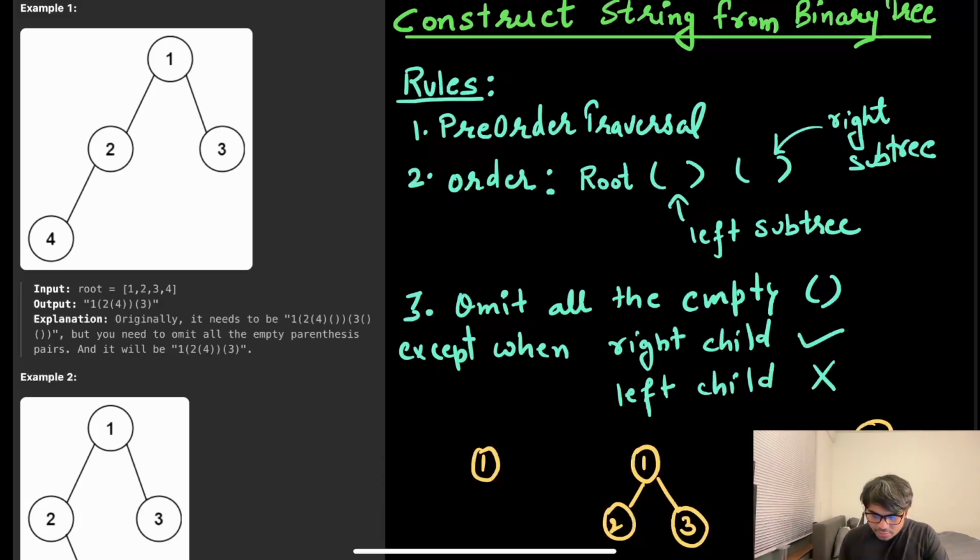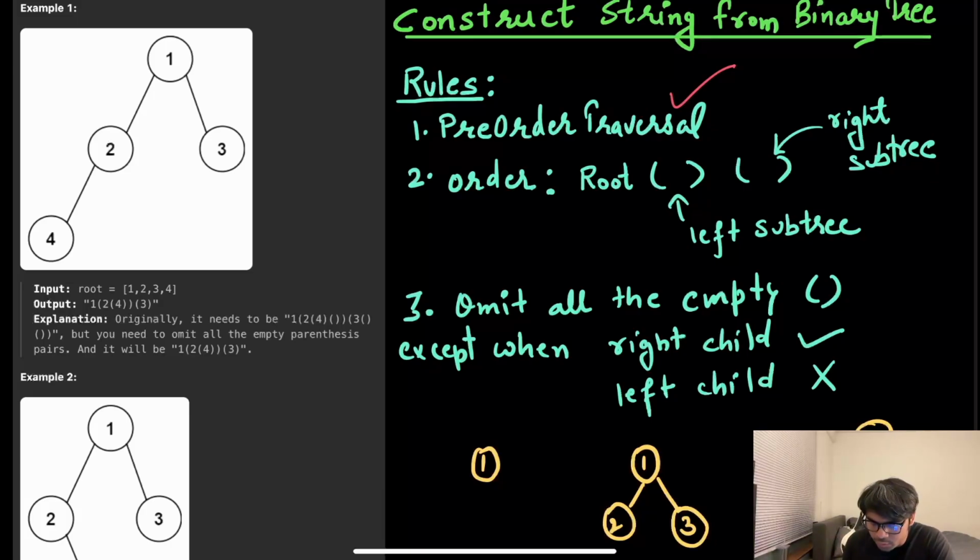Now it says we have to construct a string of a binary tree, and since different binary trees should have a different unique string representation, that's why there are certain rules. The first rule is following the pre-order traversal.